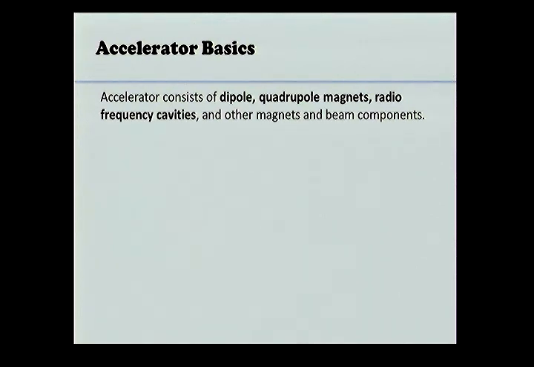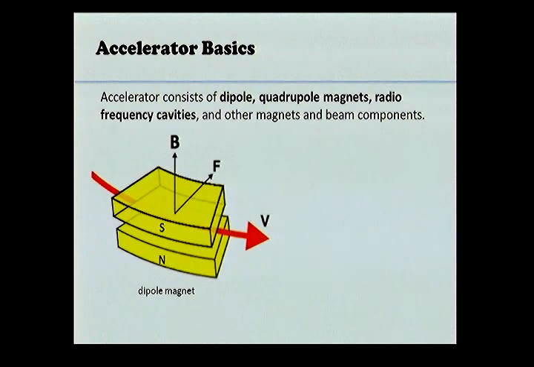An accelerator consists of dipole and quadrupole magnets, the radio frequency cavity, and other magnets and beam components. Here I show a schematic diagram of dipole magnets. Each dipole magnet consists of two magnetic poles, north pole and south pole. We use this kind of dipole magnets to bend the particles around the collider.